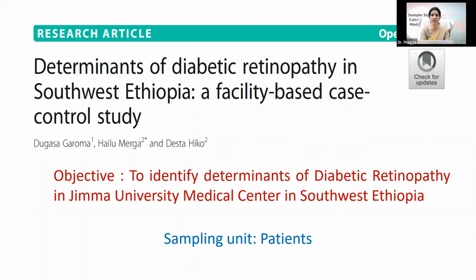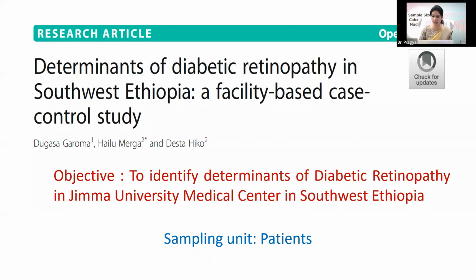Now in this case, please type in the chat box which is the outcome and which is the exposure. So outcome is diabetic retinopathy. Yes, it is right. And exposure we don't know because it is writing determinant.